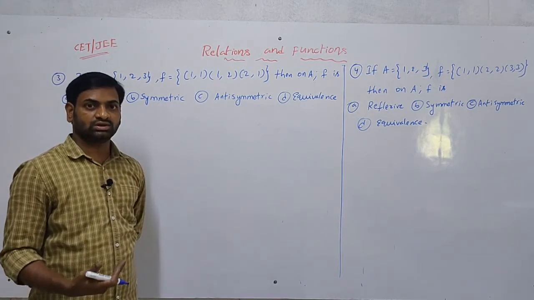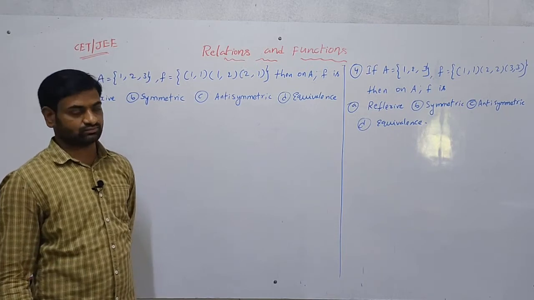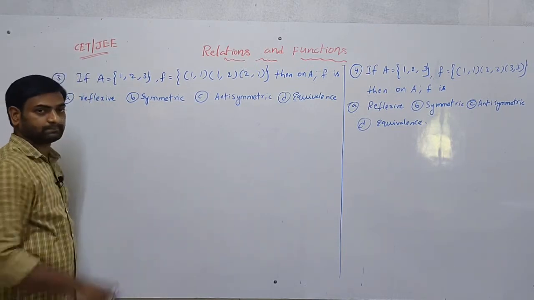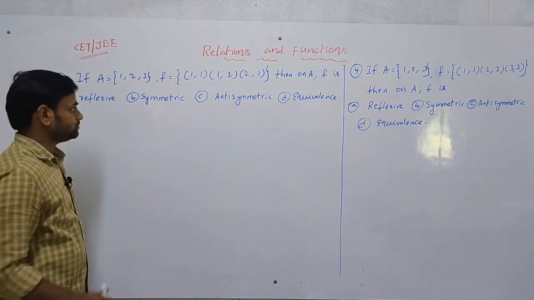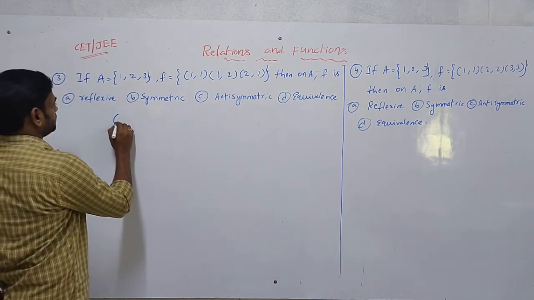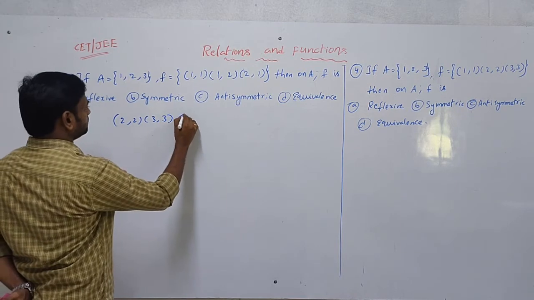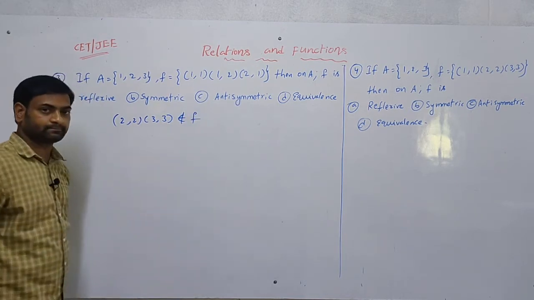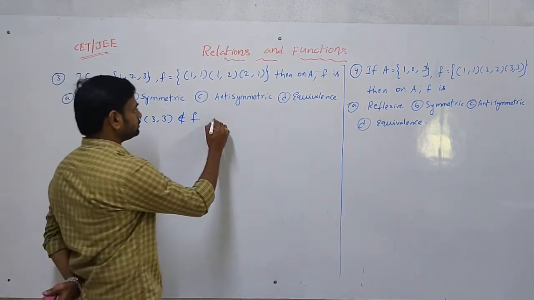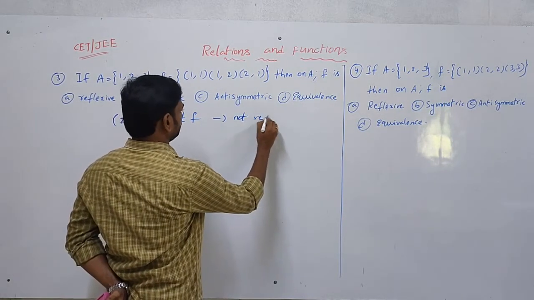So it is not reflexive. So the first option is wrong. It is not reflexive because (2, 2) and (3, 3) do not belong to F.